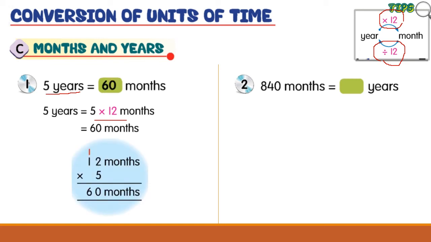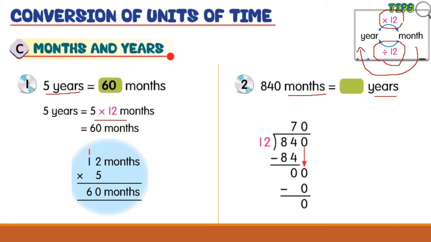And now for question number 2, this one is we want to convert from months to years. So month to years, we have to divide 12. So 840 months divided by 12. After you perform your division, you will get the answer at the top here.